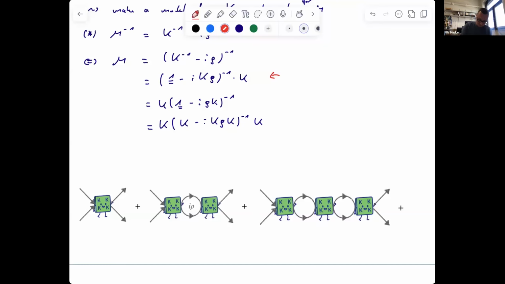So if you do a series expansion of this term, what you will get is something like this, and so on, which is just the mathematical description of what I put in terms of diagrams down here.